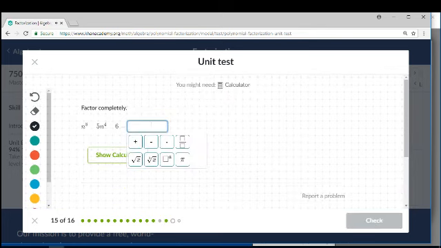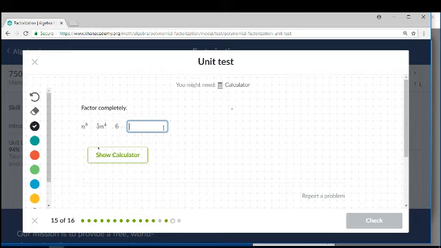Factor completely: n to the 8th minus 5n to the 4th minus 6. So here, to break down n to the 8th, we'll need n to the 4th and n to the 4th.